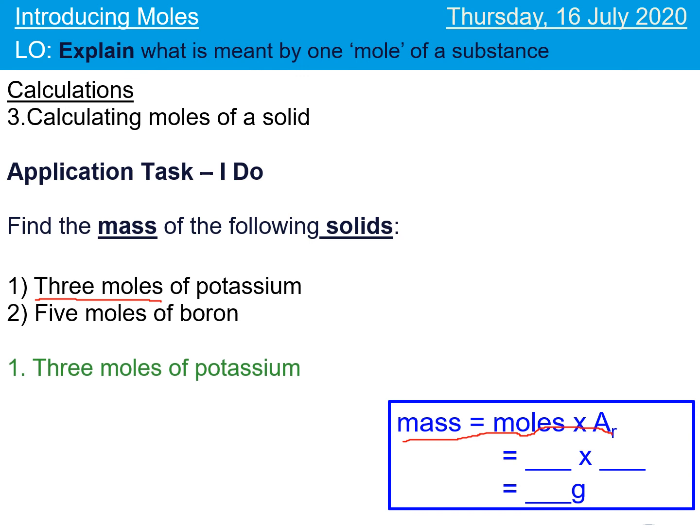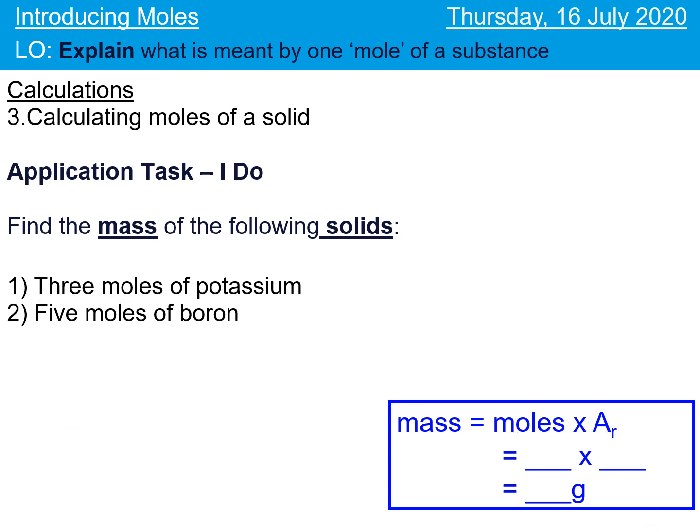To do this, we need to use the equation mass equals moles times AR. 3 moles of potassium times the AR of potassium, which is 39, gives us a mass of 3 moles of potassium of 117 grams. Again, do not forget to put the units of grams for these calculations.